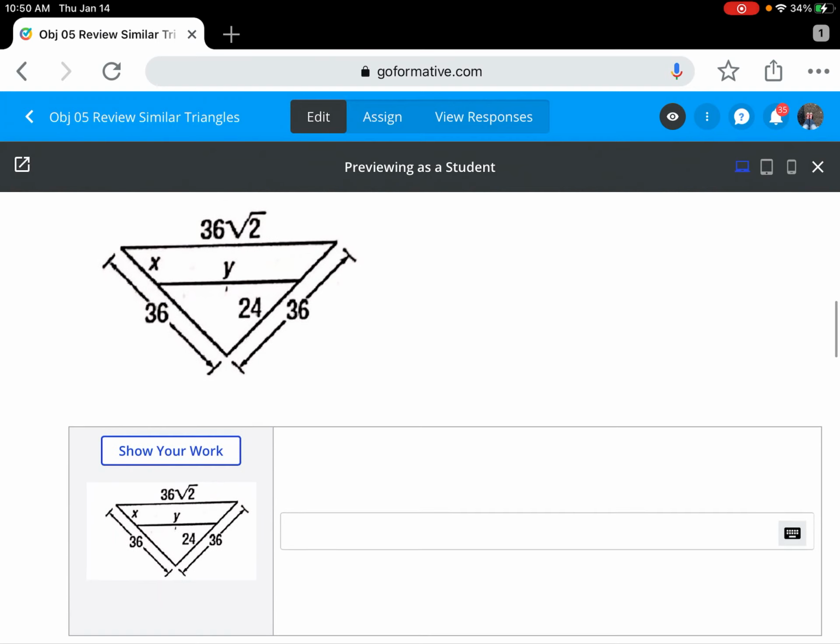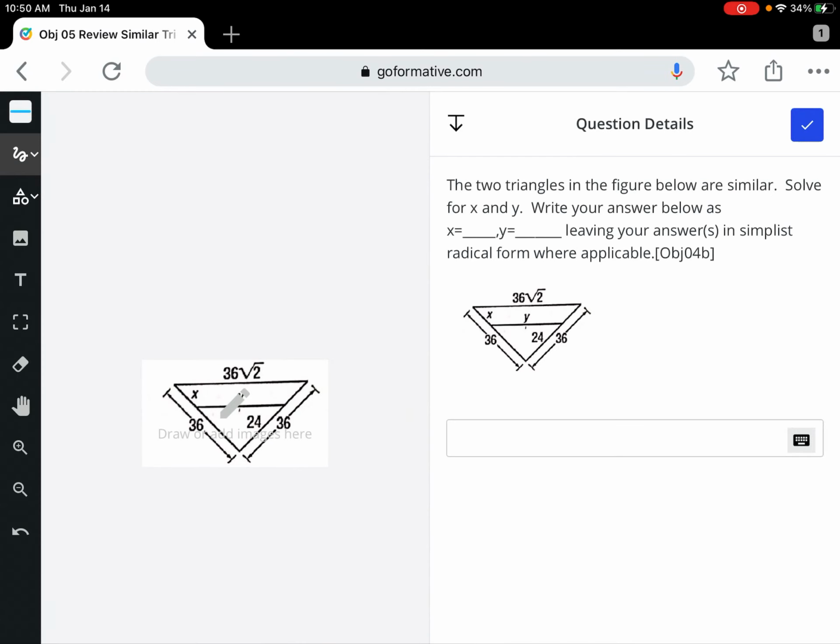Okay. For this one, the two triangles are similar. Solve for x and y. So for this here, things that I know. I know this side over this side is equal to this side over this side, because they're similar.